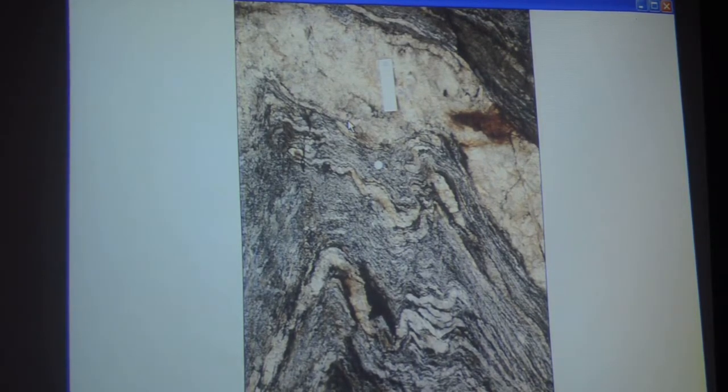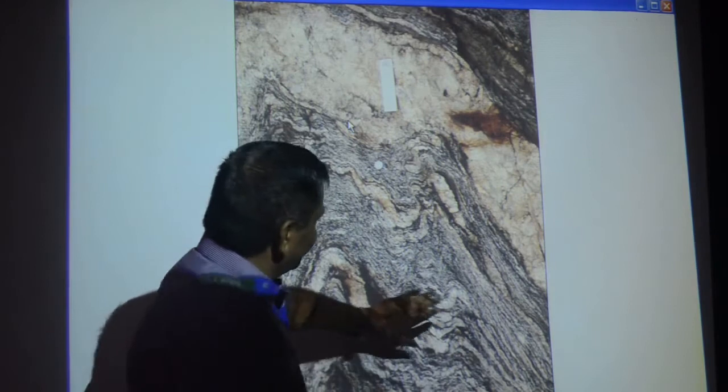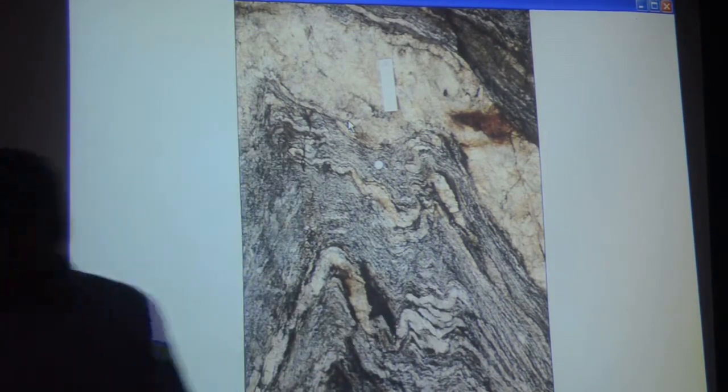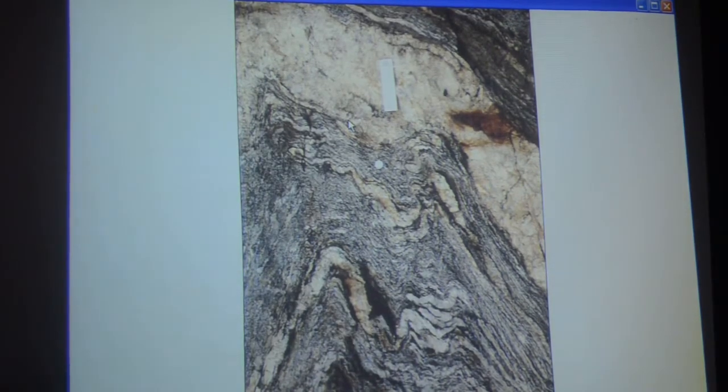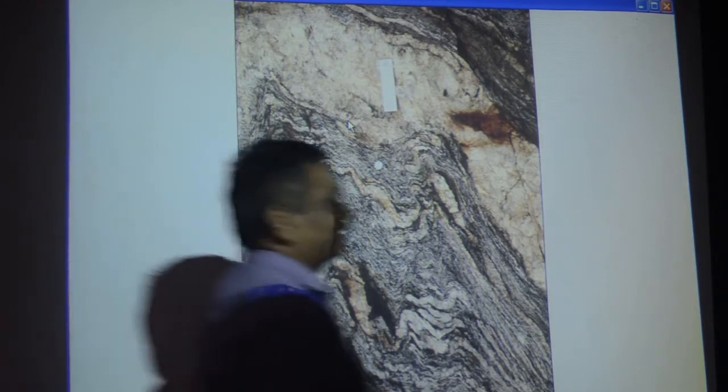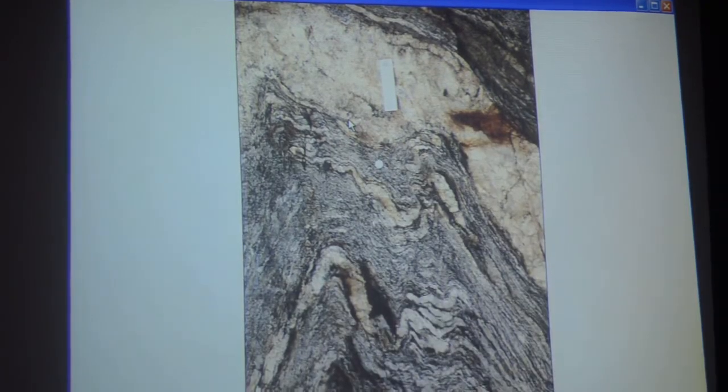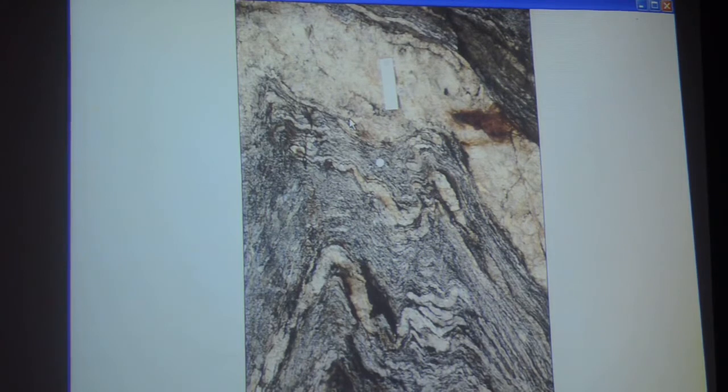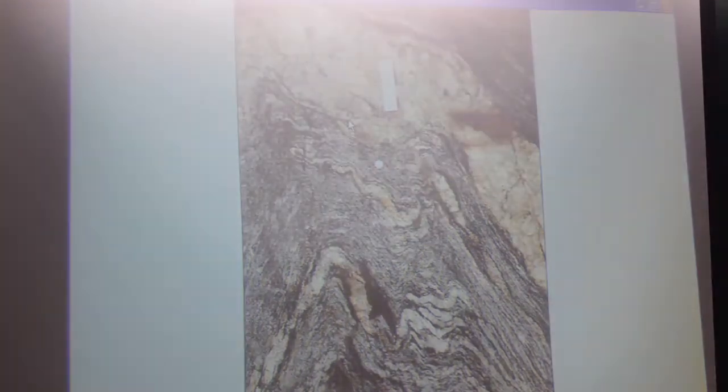Now I will just come to this area, a big line. What I am drawing, you just see.